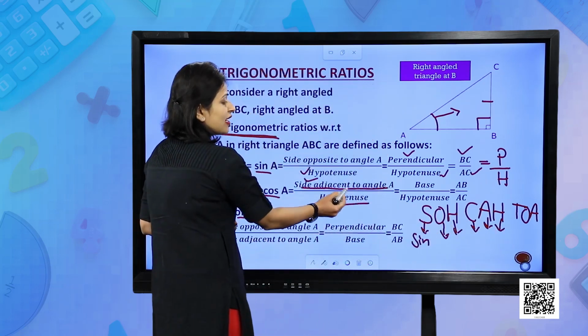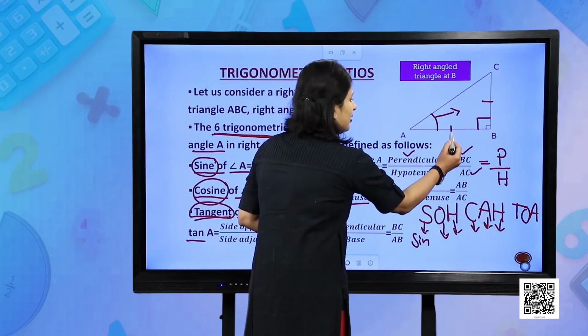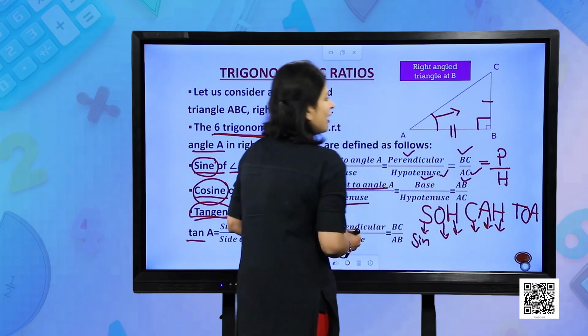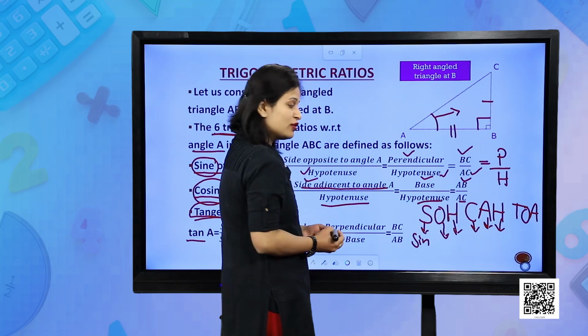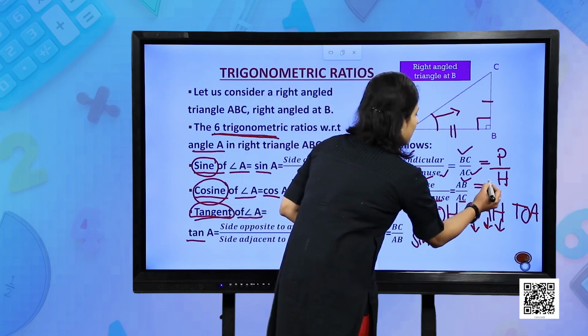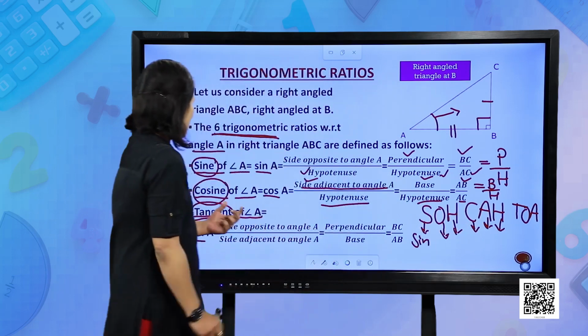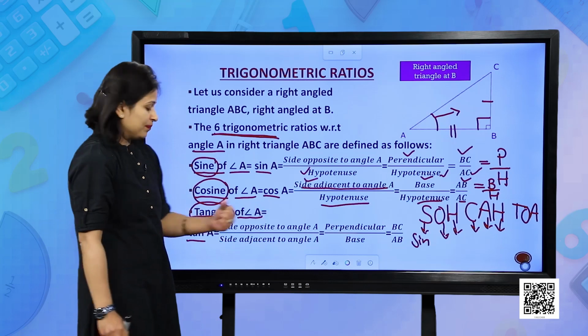So, what is the side adjacent to angle A? AB, which is also the base, and AC is the hypotenuse. So, we can also write it as base upon hypotenuse.